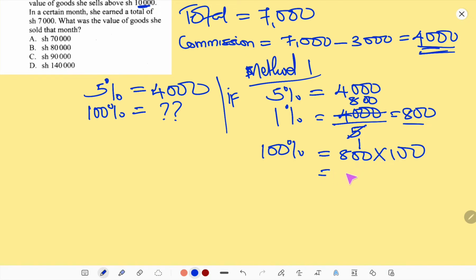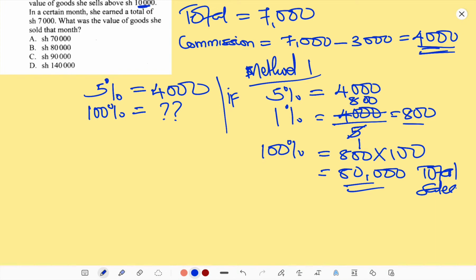So this will be 80,000. So 80,000 was the total amount of sales, this was the total sales that they got commission for that month.